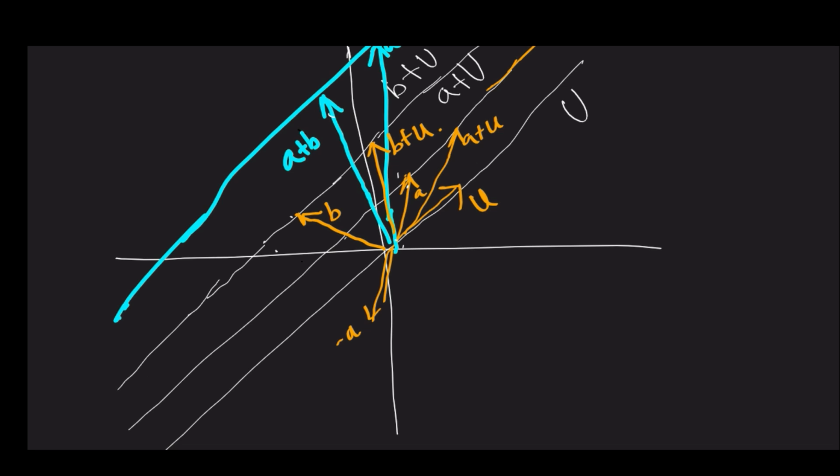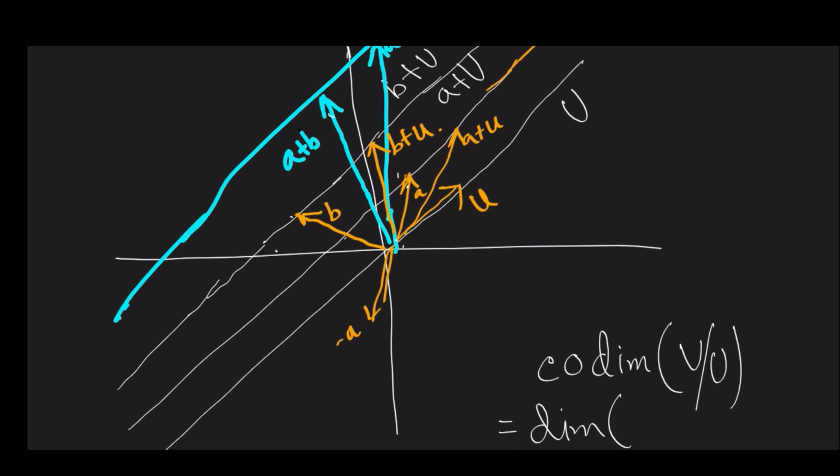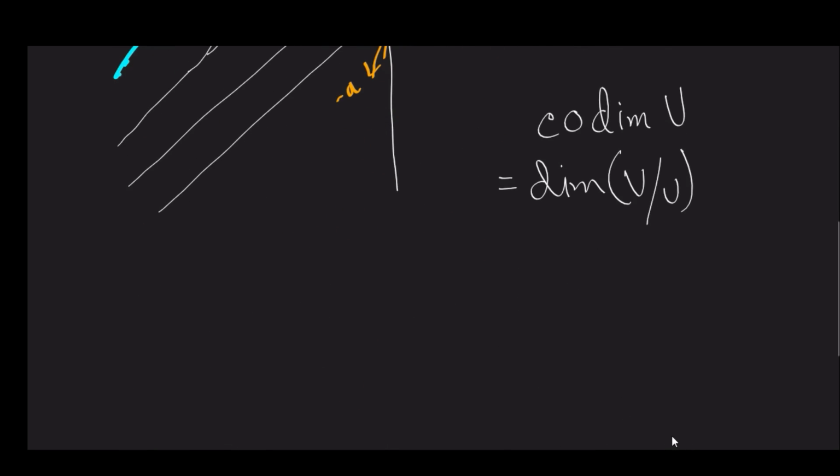And one last important point in this respect you should think about: we also talk about the dimension of this quotient space. We call it codimension U. We consider codimension U is the dimension of V by U, and we can prove it later on. I will discuss more on this topic later.